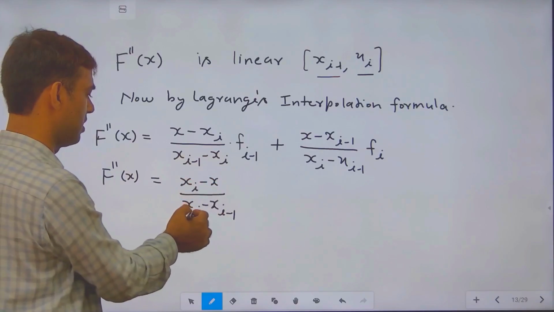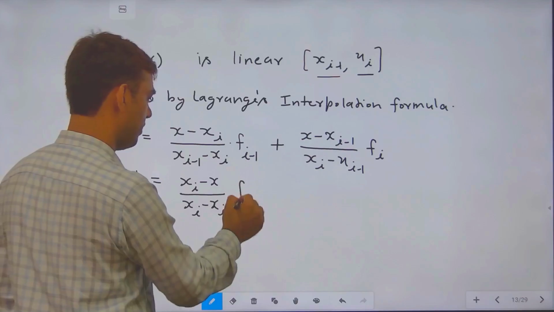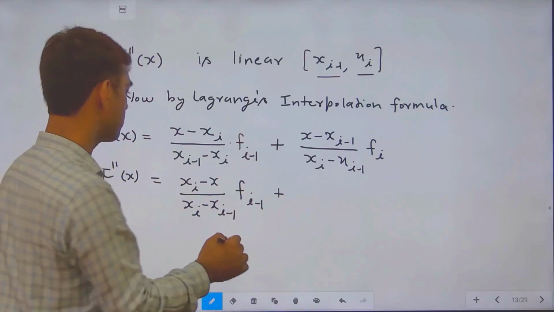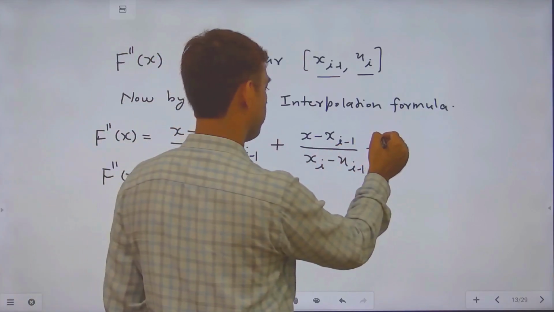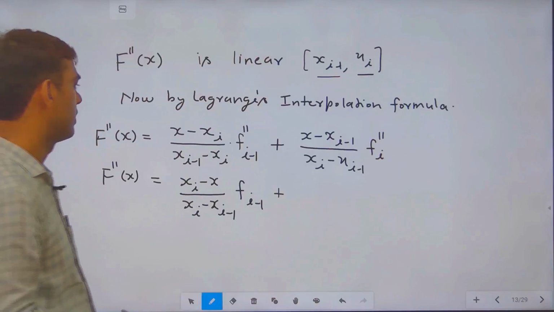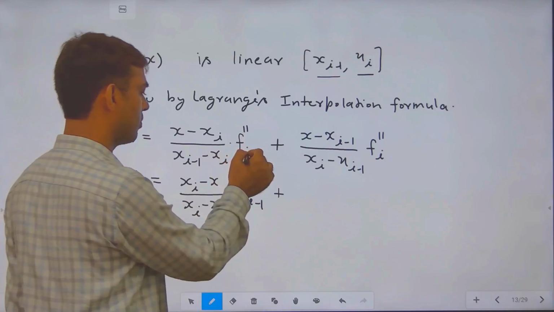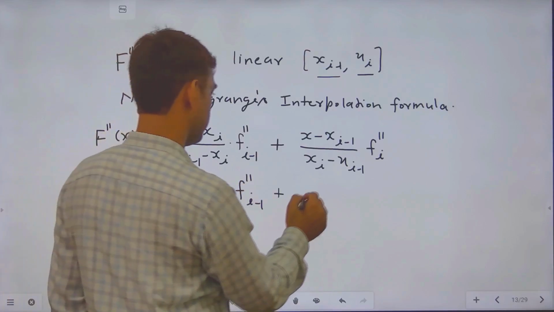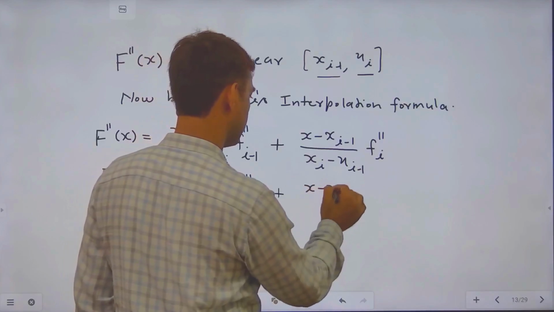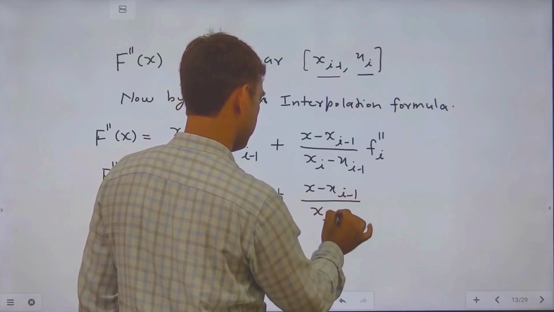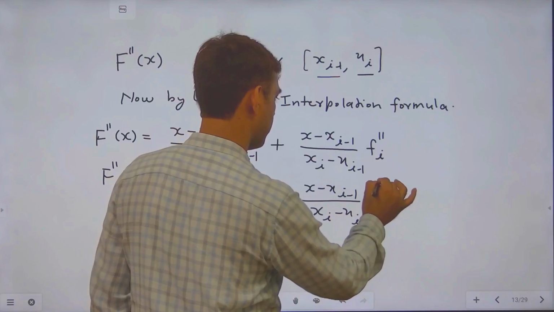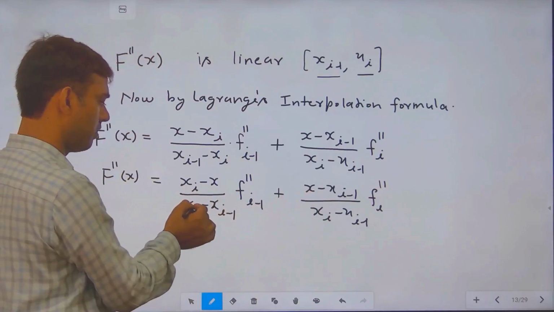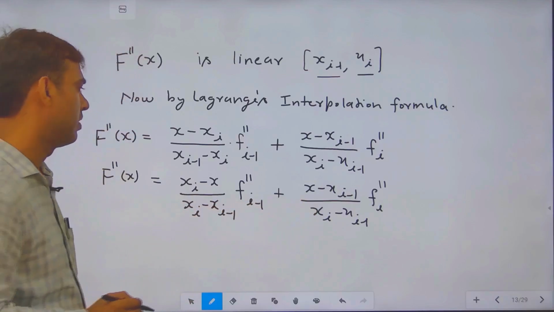Then this becomes (x_i minus x) divided by (x_i minus x_{i-1}) times f''_{i-1}, the value of the second derivative at x equal to x_{i-1}, plus (x minus x_{i-1}) upon (x_i minus x_{i-1}) times f''_i, the value of the second derivative at x equal to x_i. For the sake of simplicity, we write the denominator of both terms the same.